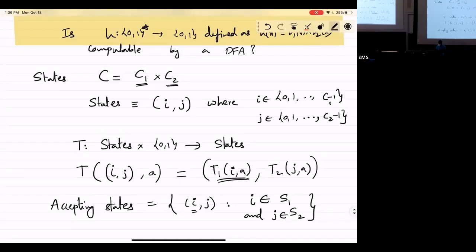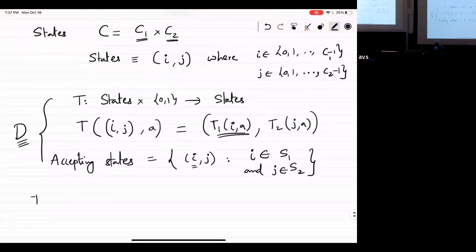So if I talk about this as being my new DFA D, then D of X is actually equal to D1 of X and D2 of X.